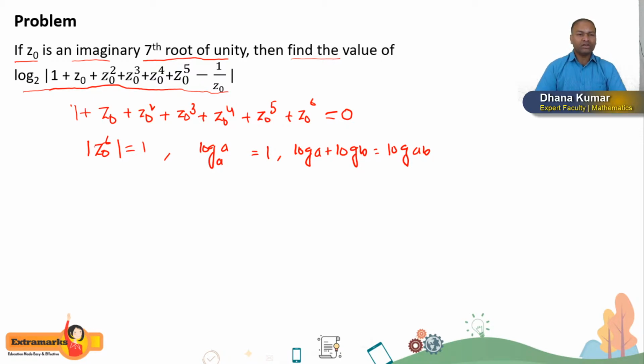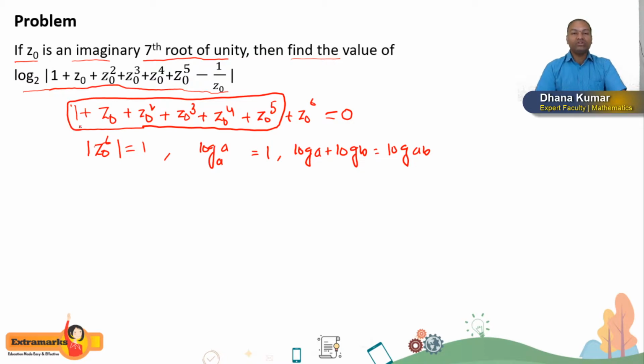Right. Now, let us come to the given problem. First of all, using this first equation, you observe this one. This value is equal to minus Z0 power 6.